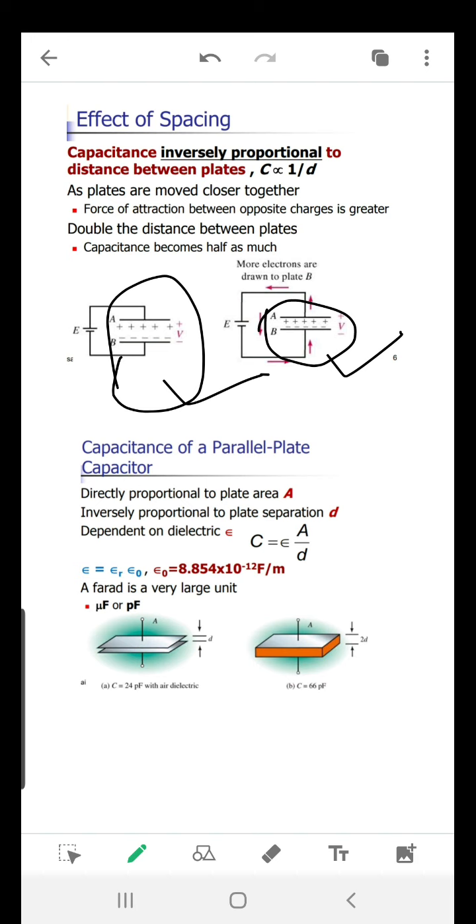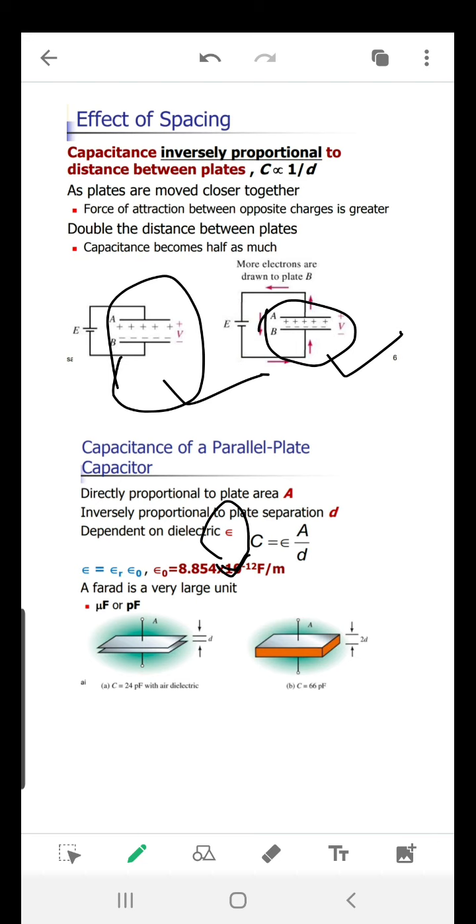Then the capacitance of the parallel plate capacitor. The capacitance of the parallel plate capacitor is directly proportional to the area and inversely proportional to the distance between the plates, that is known as plate separation, which depends on a constant, that is the dielectric value, which is denoted by E, that is epsilon.